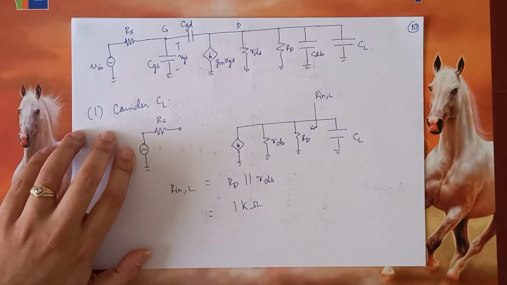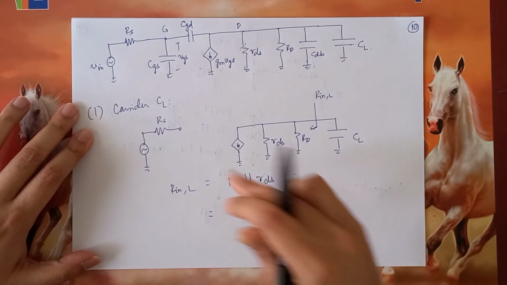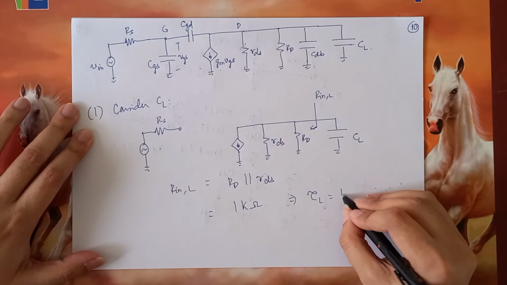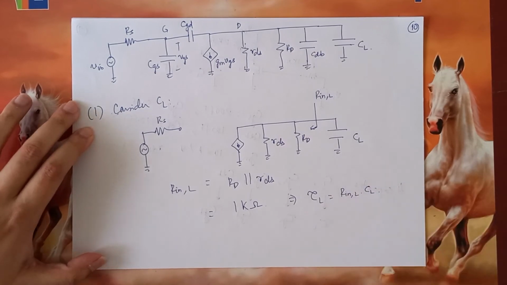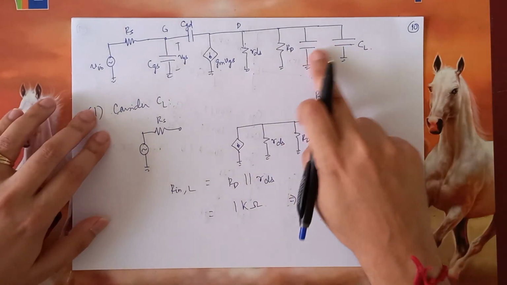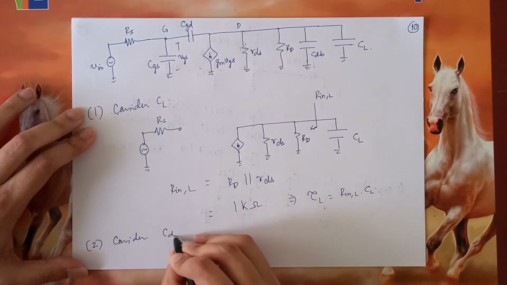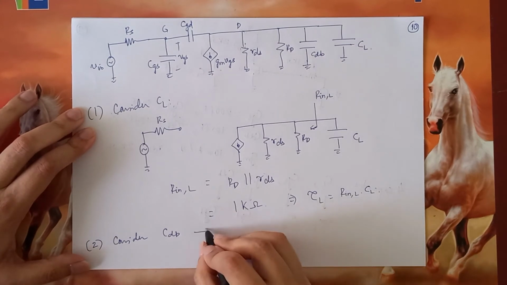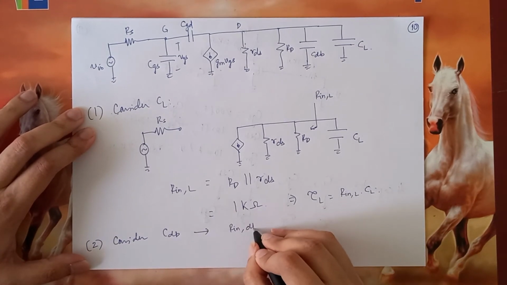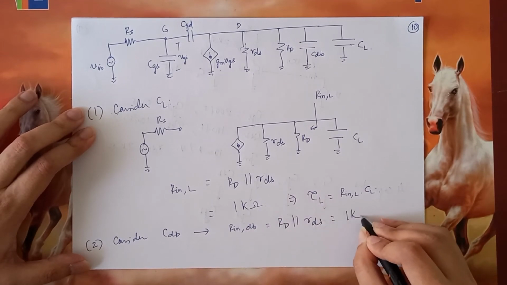So therefore the tau L will be CL times Rin L, whatever that is. Now when you consider CDB, it is the same case as CL. It will see the same resistance. So over here also the Rin DB is nothing but RD parallel to RDS, and that is 1 kilo ohm.